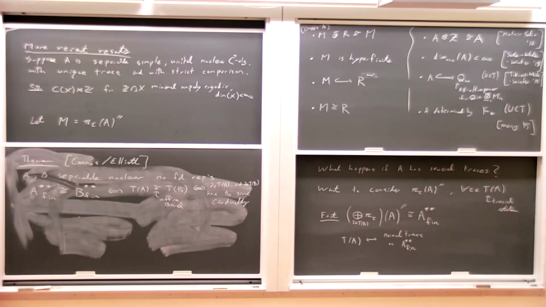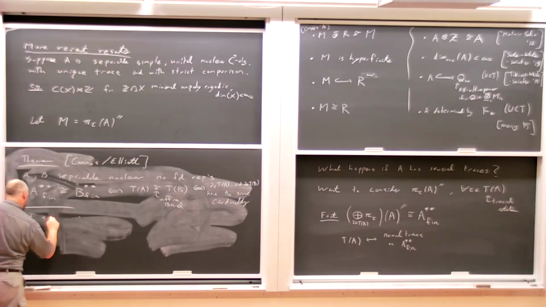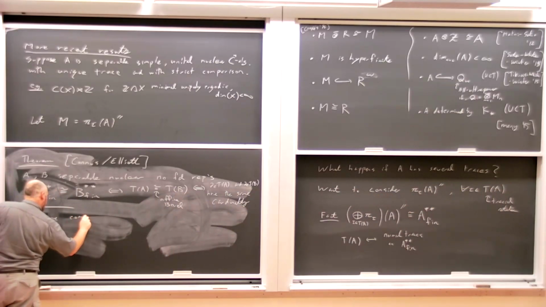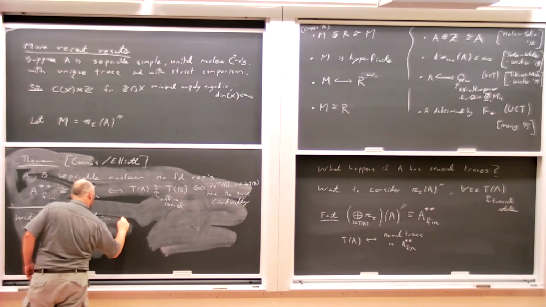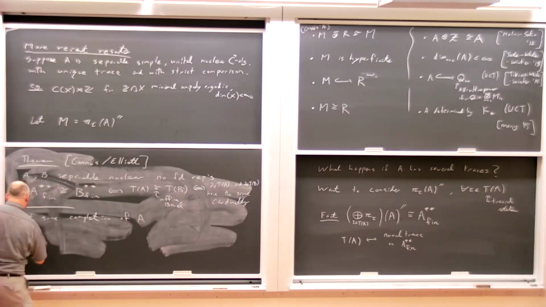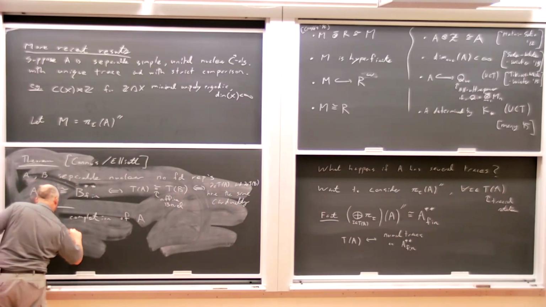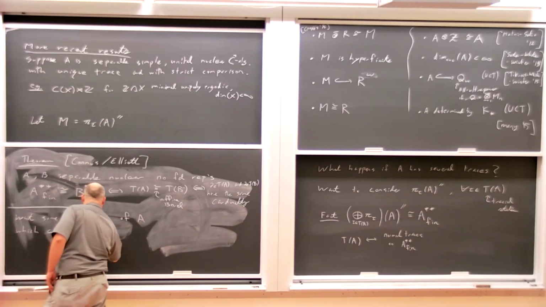So what I want to talk about is you want some completion of A which captures T of A, including its topology.